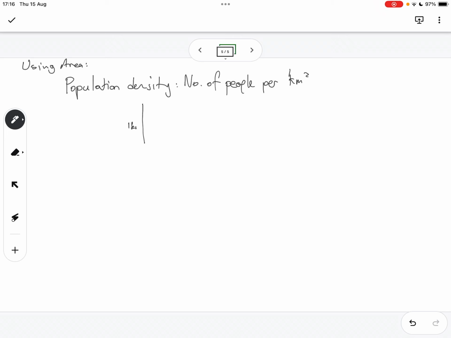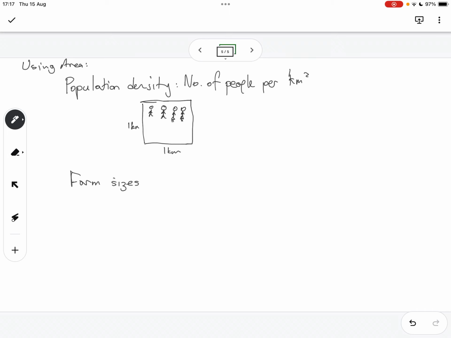So if you have 1 kilometer by 1 kilometer area, how many people are in there? And there's a ton of information about this across many different sources, right? But that's one application for area. Farm sizes, like I mentioned, let's say you are interested in buying a farm or you're inheriting a farm, and they have to claim land from the government.